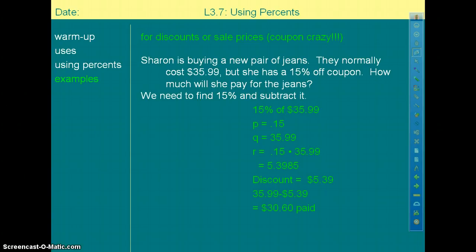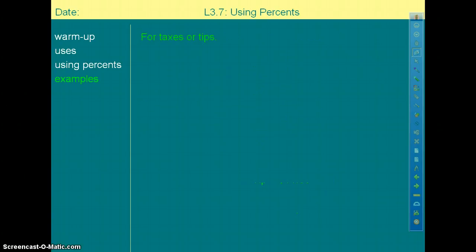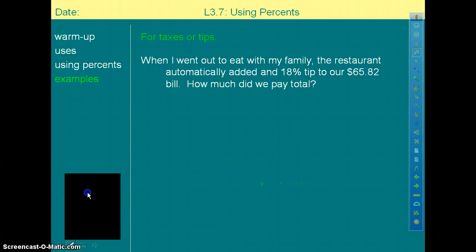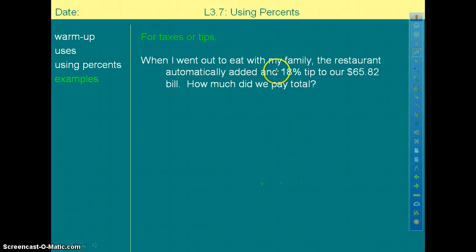Percents are used a lot for taxes and tips. For example, when I went out to eat with my family, the restaurant automatically added an 18% tip to our $65.82 bill. How much did we pay total? If we take a look, we need to find 18% and add it.